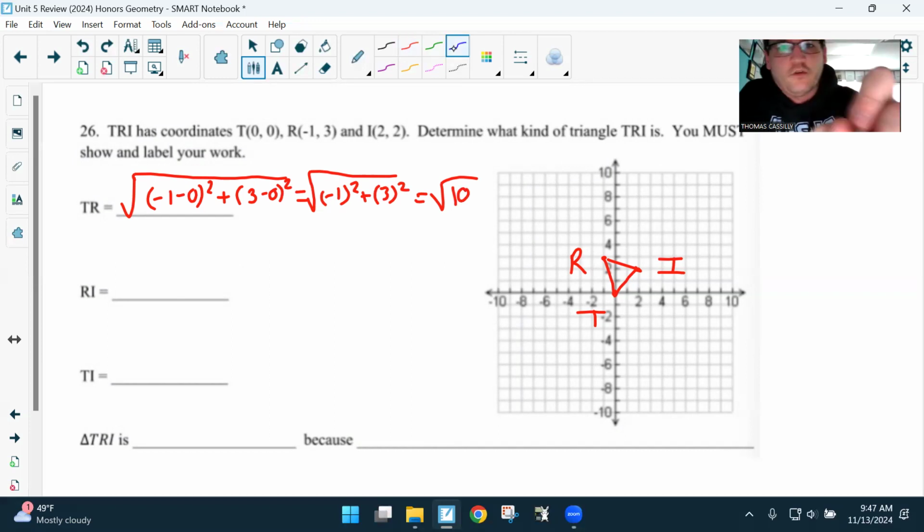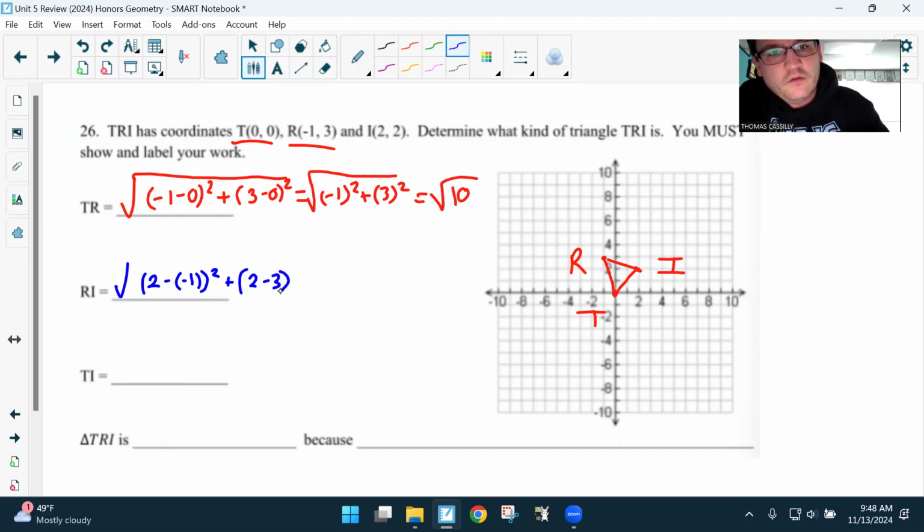Now, I used point T and point R for that one. The length of RI, same kind of thing. We're going to go 2 minus -1 squared, plus, we're going to do the same thing with the y values here, 2 minus 3 squared. 2 minus -1 is 3.